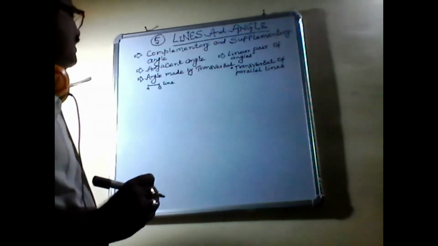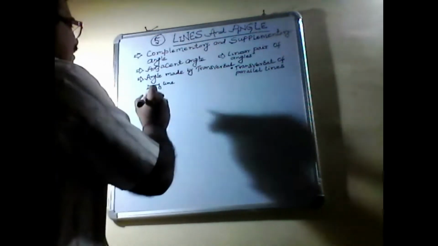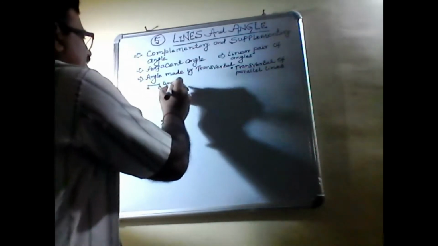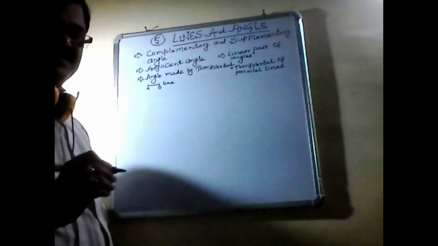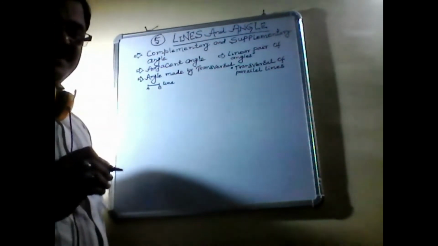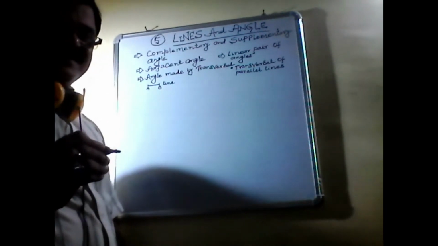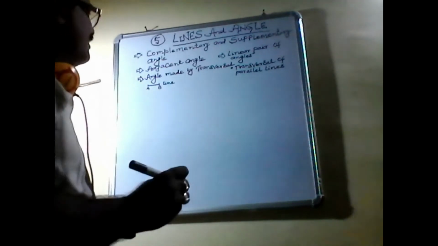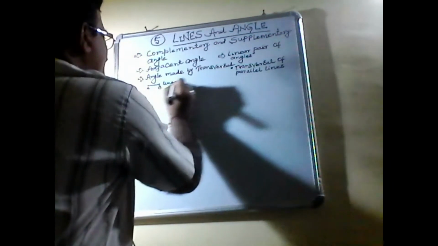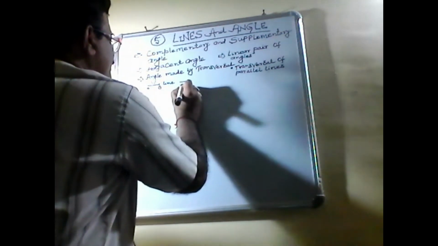Another thing is the ray. A ray has one end point and in the other direction it is endless. This is called a ray. It is denoted like this.